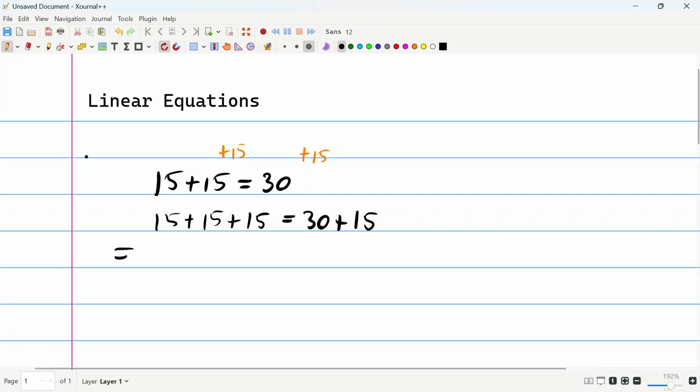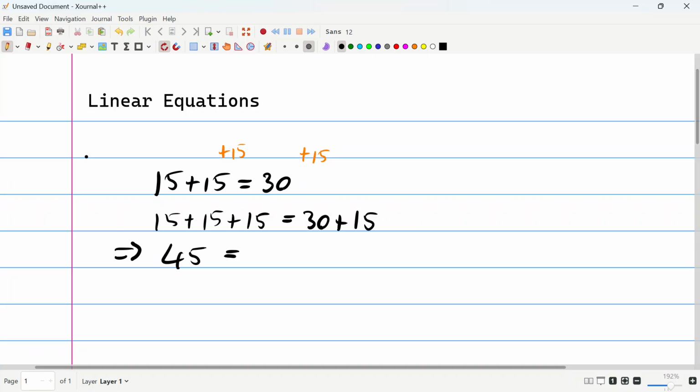Now, let's add them all together to see if they give us the same thing. They should, because 15 plus 15 plus 15 gives us 45, and 30 plus 15 also gives us 45. So this is the whole idea: what you do on one side, you have to do on the other side. Think about fractions. What you do on the top, you have to do on the bottom, because at the end of the day, they need to cancel out.